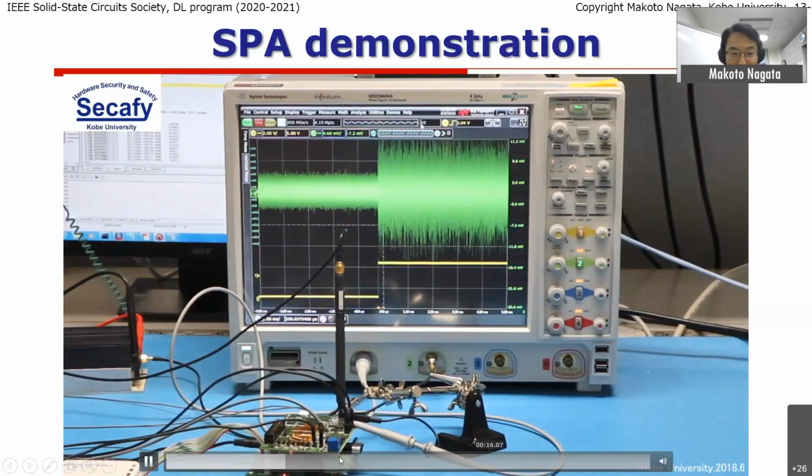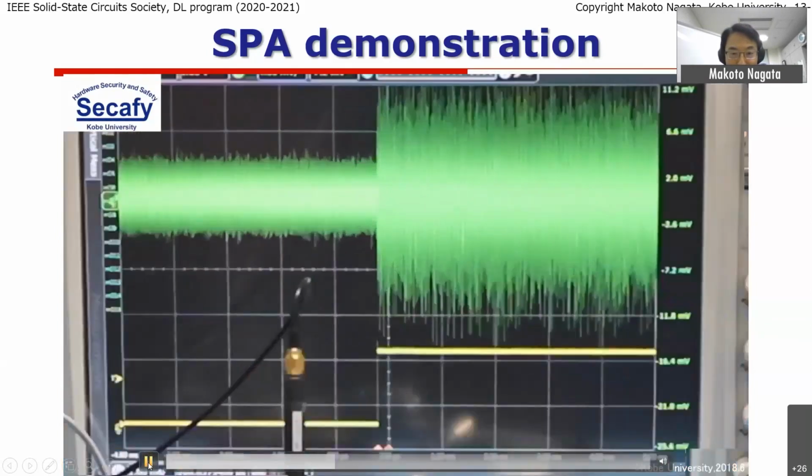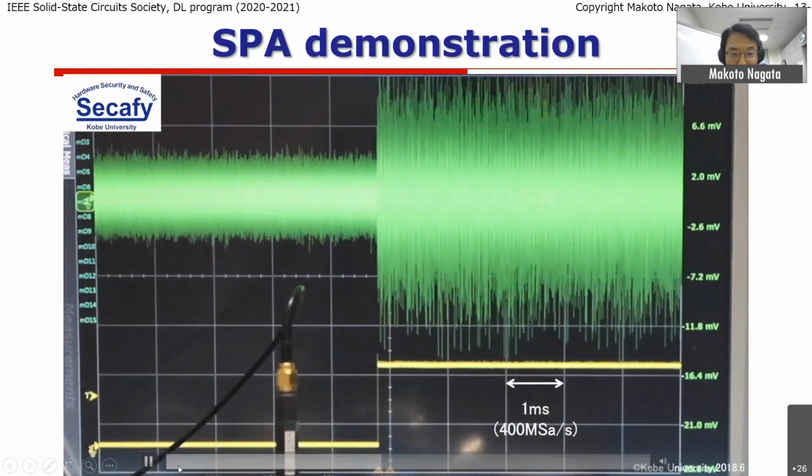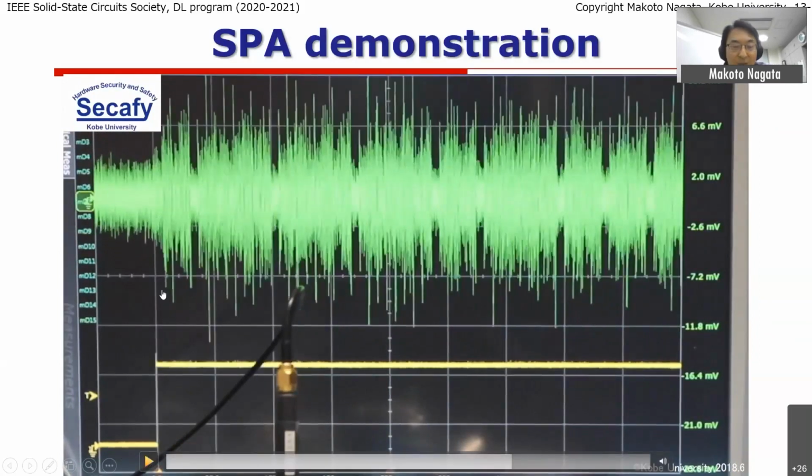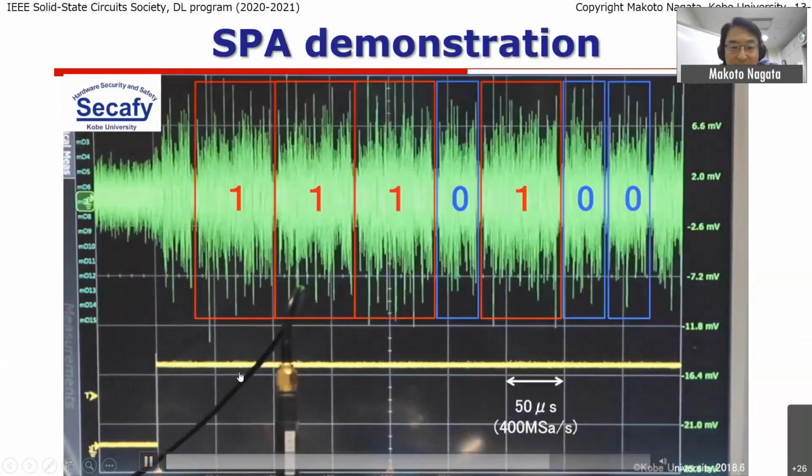I would like to stop the video at this point. You see, this is the measured wave shape, and we see clear patterns like long, short, short, something. So long, short. Those patterns actually exactly match the internal secret key byte in this cryptographic engine.